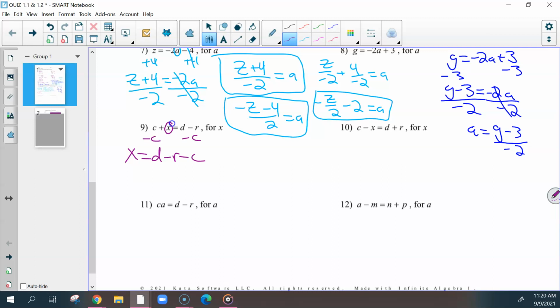Usually in math, we have our variables in alphabetic order, so if you rearrange them, that was also an acceptable answer. But either or.